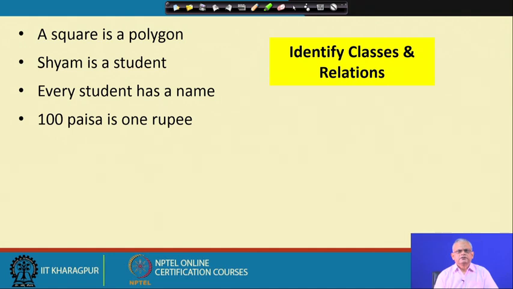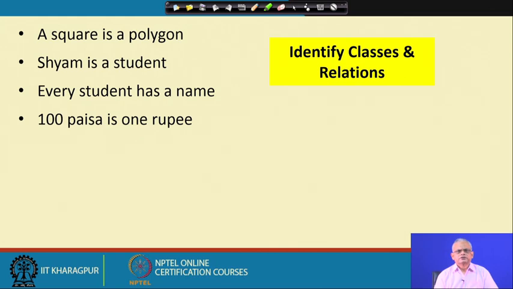But then we need to be careful that this is not an aggregation relationship, it is actually a composition relation, because a rupee consists of 100 paisa, we cannot make it 99 paisa or 101 paisa.